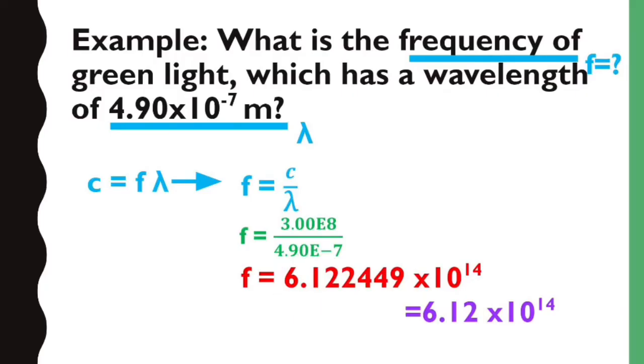And remember, since this was a frequency, we put hertz there as our unit. You might not have a calculator that you can plug these in on, so make sure you just write down these problems, and as soon as you get to class, you can double check and make sure you know how to put these in the calculator correctly and that you can get the same answers that I am.